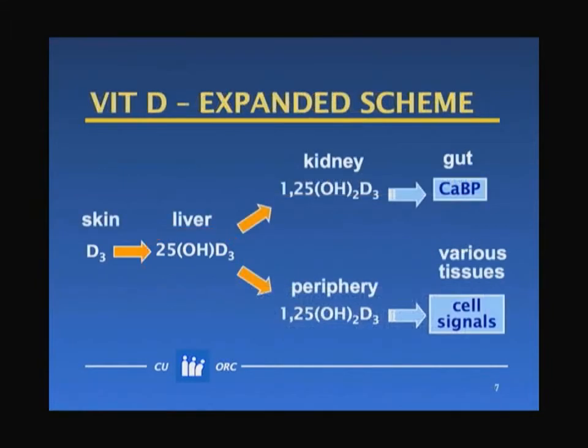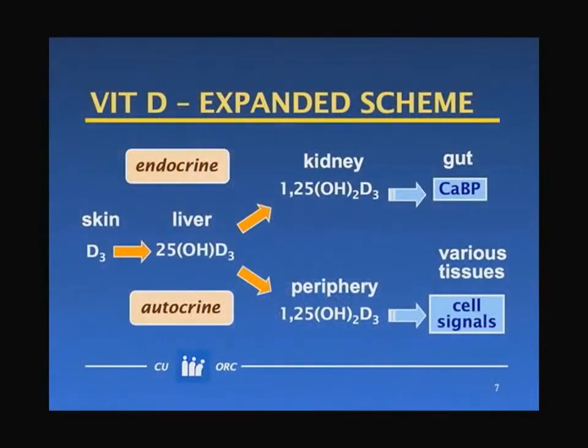Now, we've come to understand that the canonical scheme is not adequate. We need to work with an expanded scheme. The top one is the one that I just showed you a moment ago. It's the endocrine side of the story, and it's 1,25D circulating in the blood as a hormone going to the intestine to produce a specific effect, as is true for all hormones in the body. But the bottom side is where all the excitement has been the last few years.